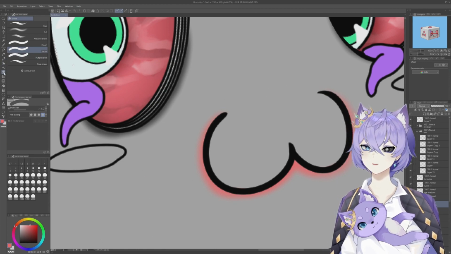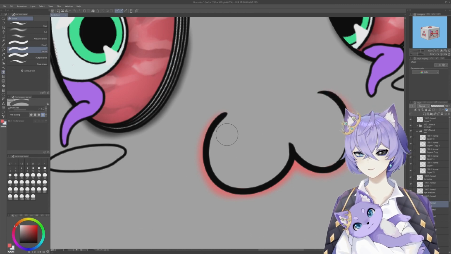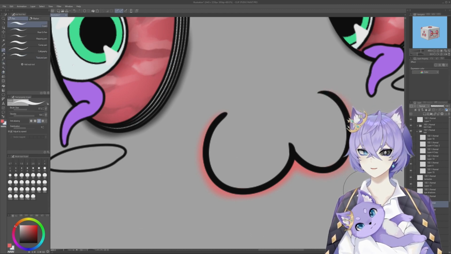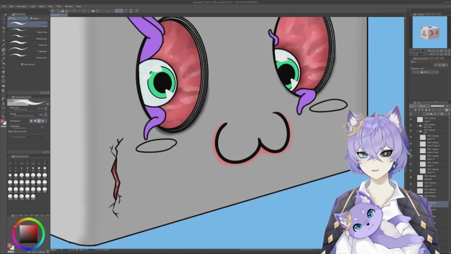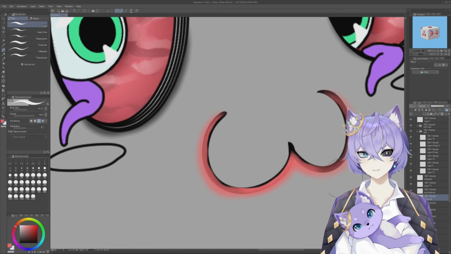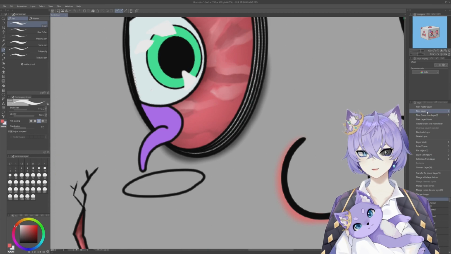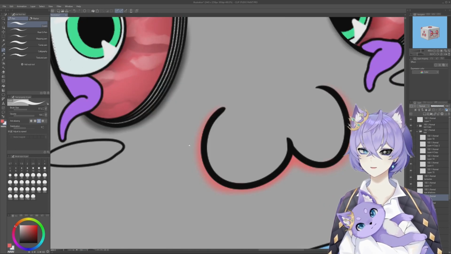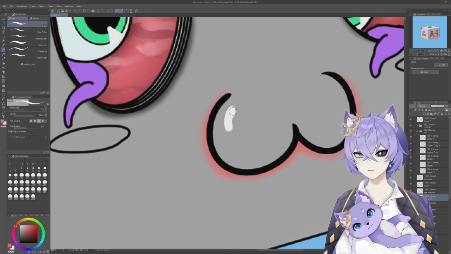I could also, wait, let me see. I could do an actual highlight. Wait a minute, what is this controlling? Okay. And then, oh wait, no, that does need to be underneath it. Okay. And then we add another layer on top of that. We take this and just a little bit of shine.